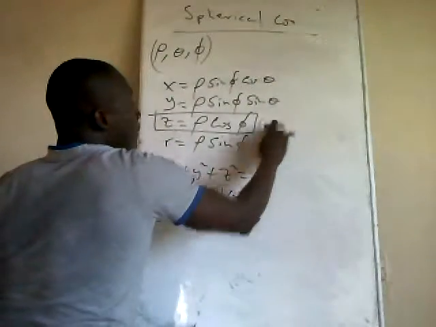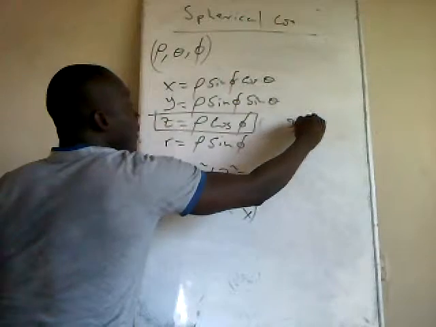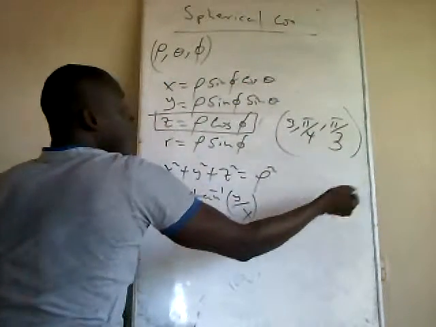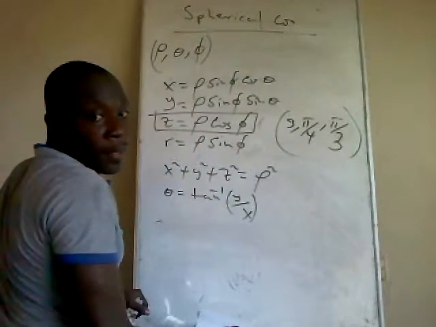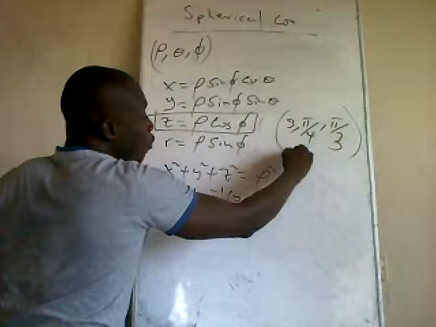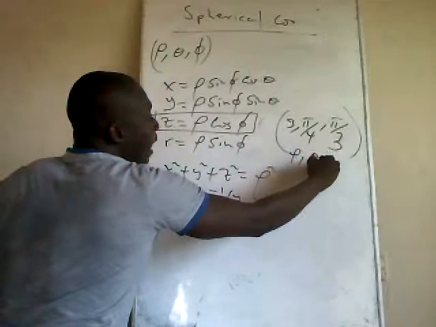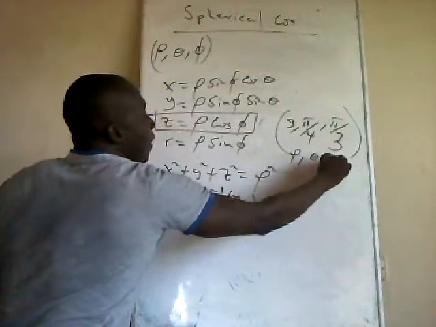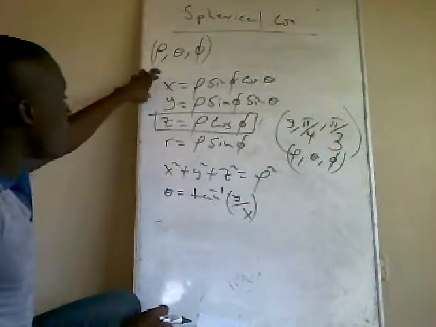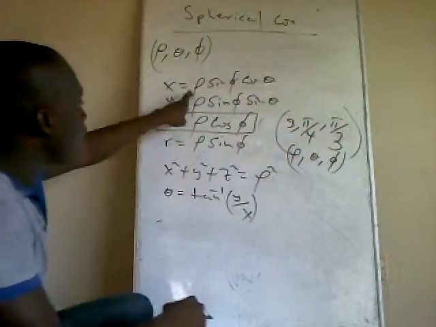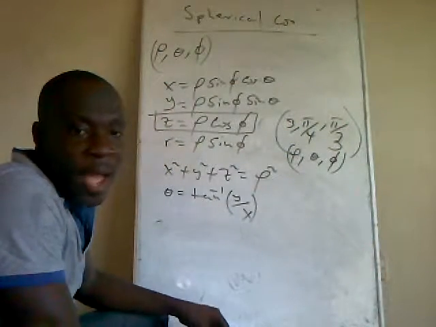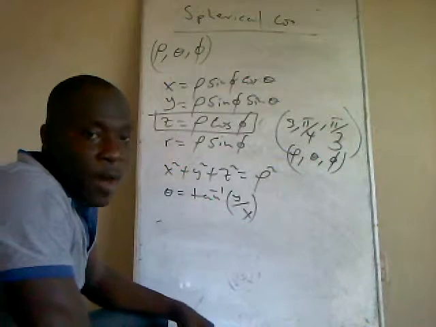If I'm given (3, pi on 4, pi on 3) and I say this point is spherical, then this is rho, theta, and phi. I need x, y, z, and with these 3 equations, when I put rho, theta, and phi appropriately inside, I can compute x, y, and z. I hope that one is clear.